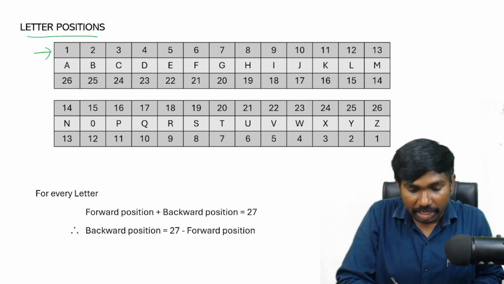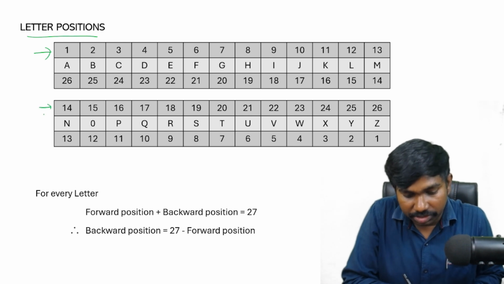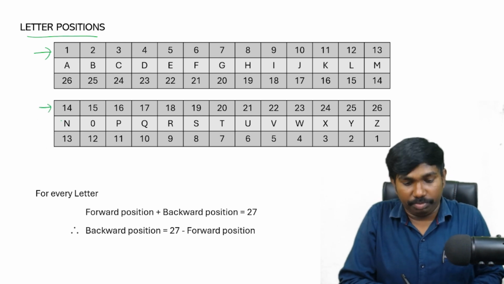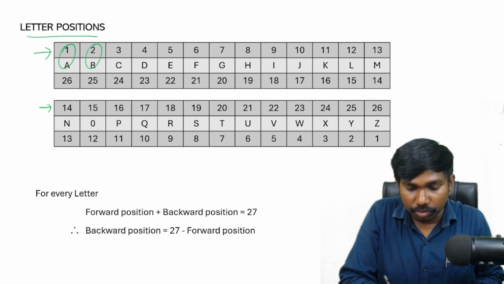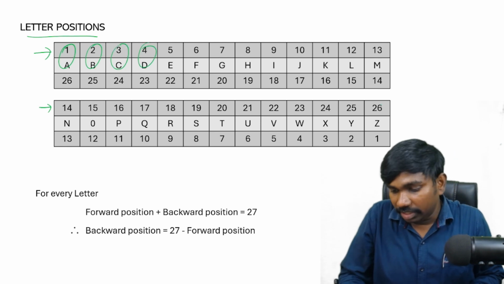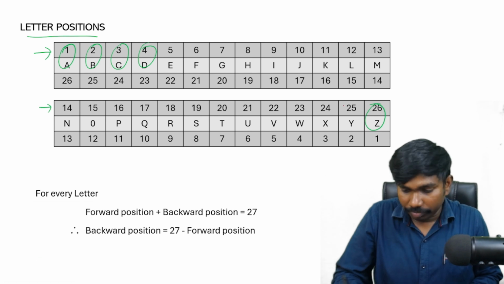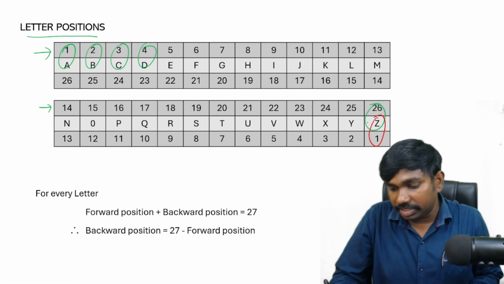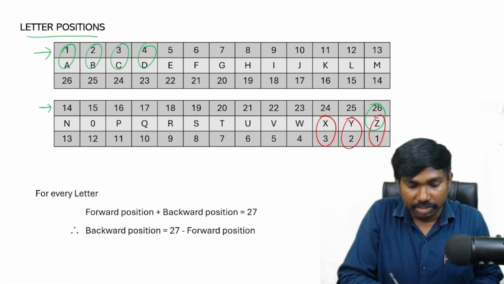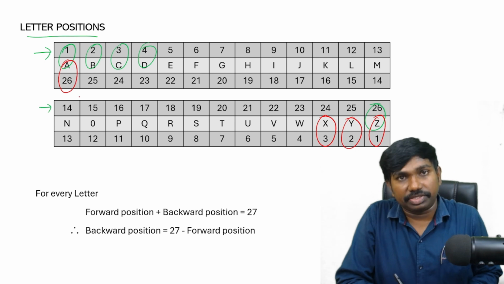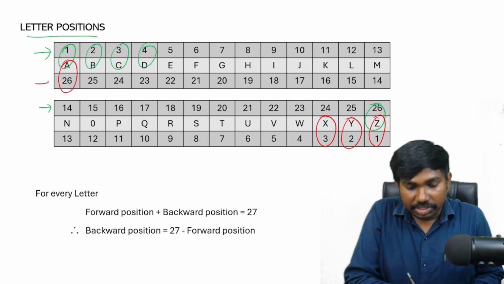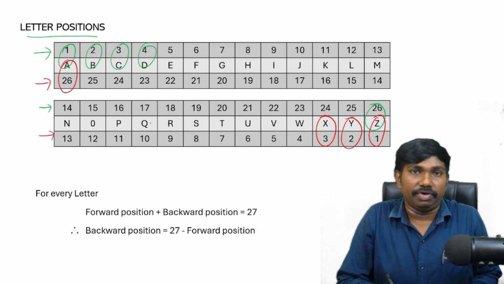See here, I have mentioned the above positions are forward positions, like A1, B2, C3, D4 till Z26, and the below positions are backward positions, like Z1, Y2, X3 until A26. So these are the backward positions, and the above ones are the forward positions.